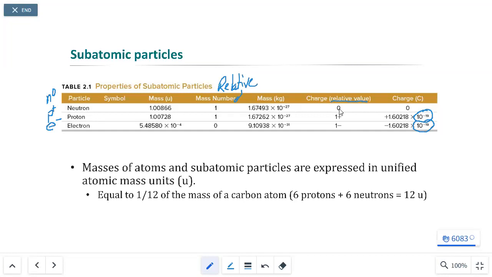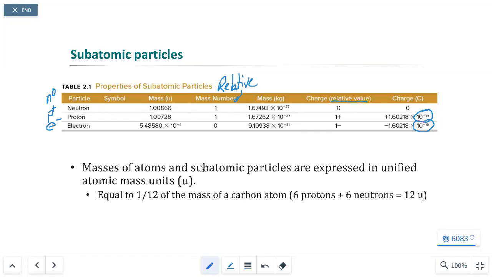So the neutron's relative value is still 0. But the proton, because of its positive charge, we're going to say it's positive 1. The electron with its negative charge, we're going to say is negative 1.